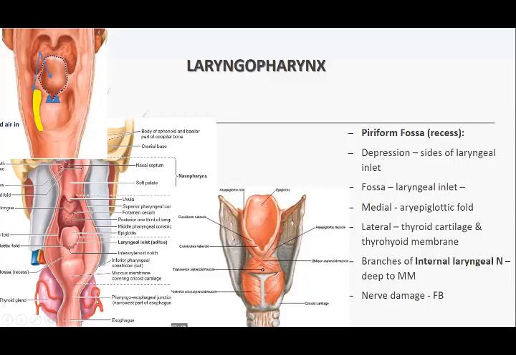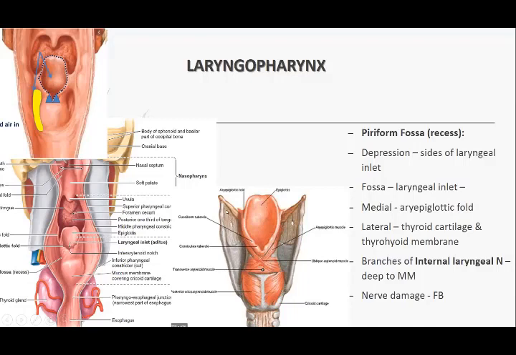Since it extends between the hyoid bone and the thyroid cartilage, it is called the thyrohyoid membrane. Okay? And I hope you appreciate one thing, this is the piriform fossa. Lateral to the piriform fossa, you have the thyrohyoid membrane above, and this is the thyroid cartilage.